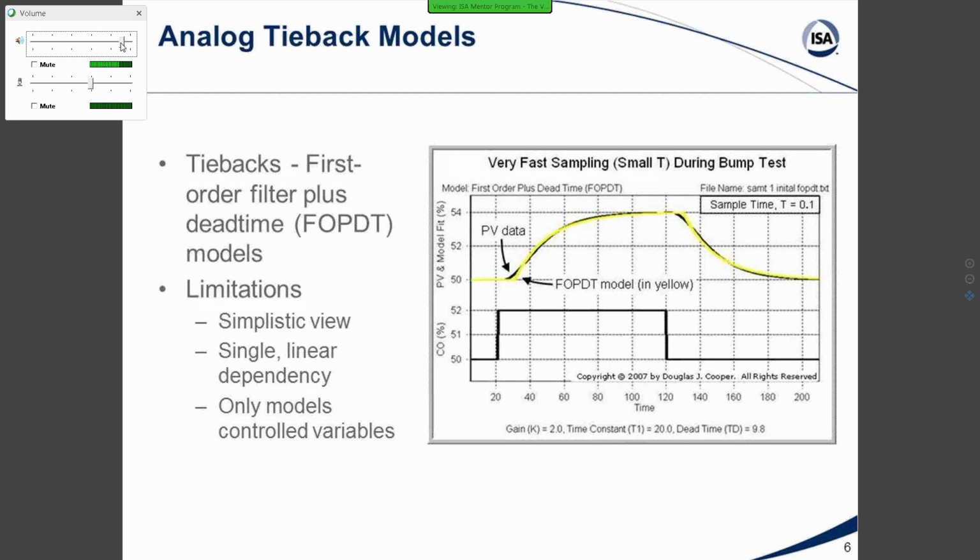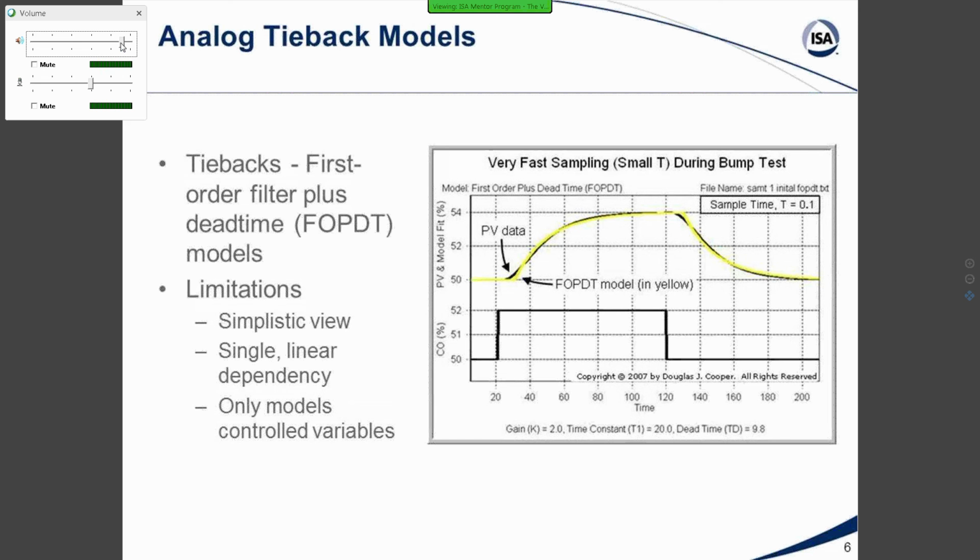Now, this allows for very simple, very rapid modeling of your process model given the proper information. But there are some obvious detractions of doing this, and part of that's because A, it's a very simplistic view, and B, it requires a single linear dependency, which means that you can't really have interactions between variables, and it's always essentially the same relation.